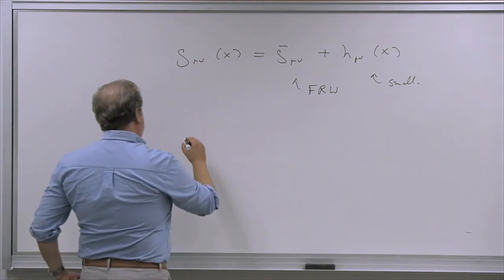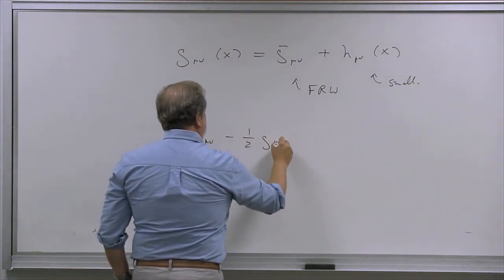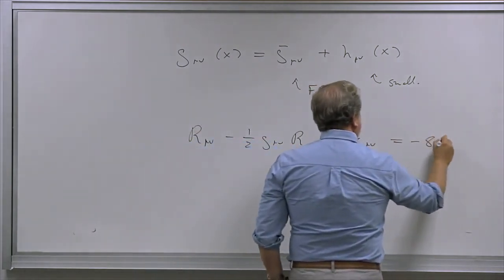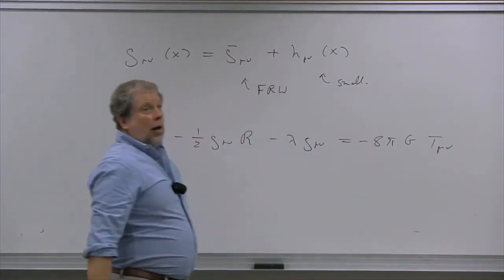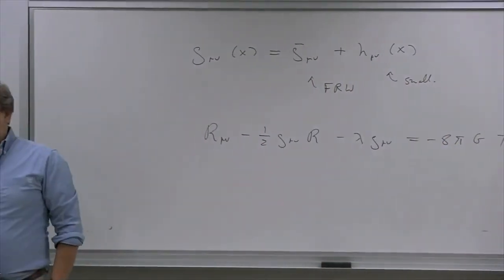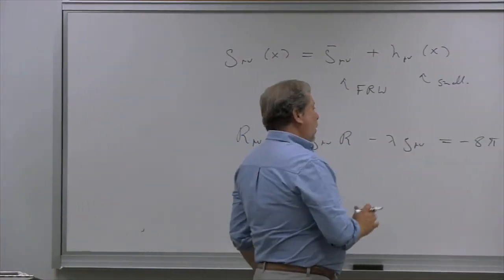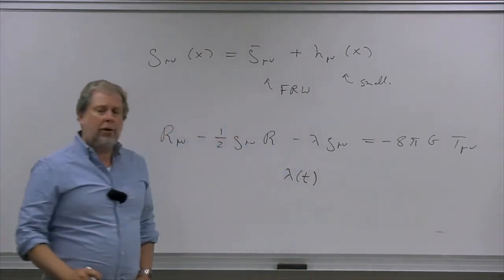correction, right? But nevertheless, the original equation that we solve is R mu nu minus a half g mu nu R minus lambda g mu nu is equal to minus 8 pi G times T mu nu, where this is some perfect fluid, maybe with some corrections to it, and we have this term. So now the question is, of course, what happens when lambda is a function of time, right?